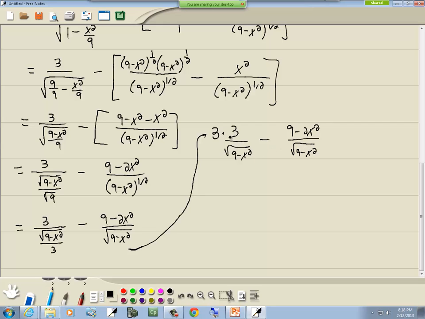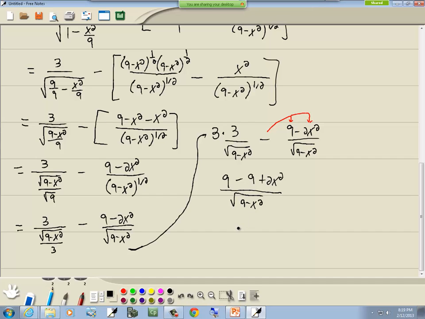Now 3 times 3 is 9, and I want to merge these into a single fraction at this point. So this negative, remember, is going to flip the sign of everything up on top. So like I say, I got 3 times 3, which is 9, and that gives me negative 9 plus 2x squared over the square root of 9 minus x squared.